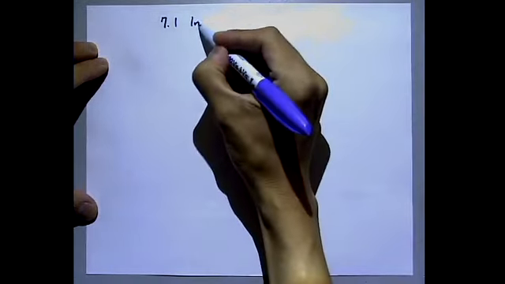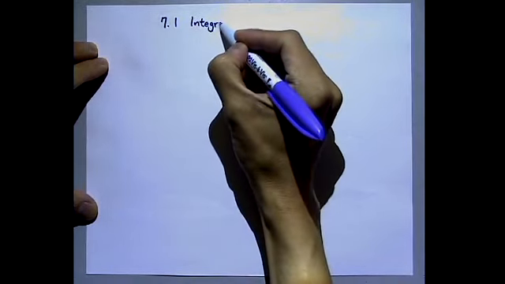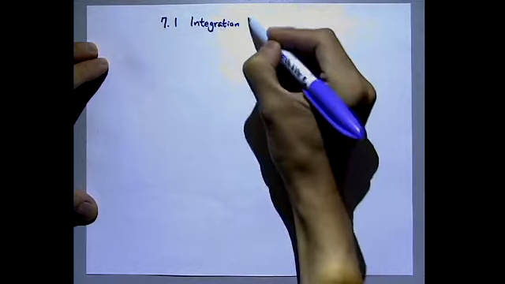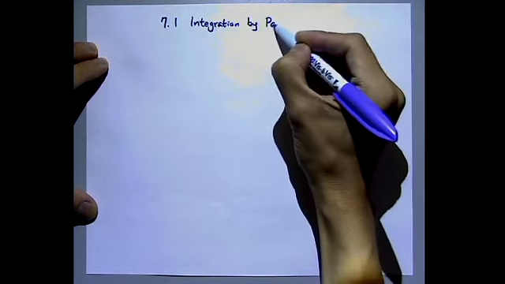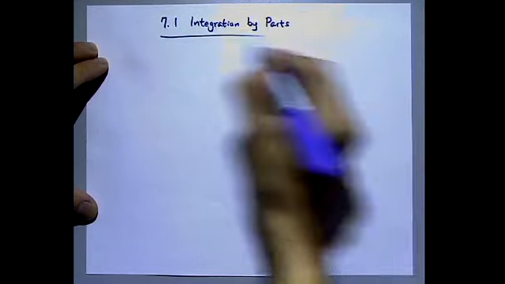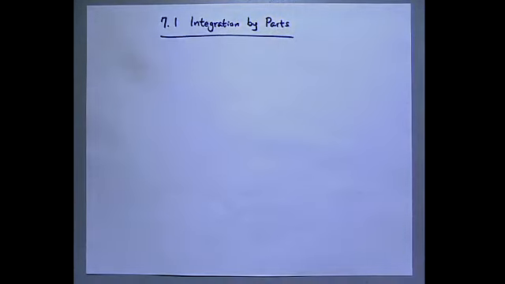All right, let's look at a new chapter today, chapter 7, section 1. We're going to look at a technique of integration called integration by parts. So every technique we have in integration is a differentiation technique in reverse.